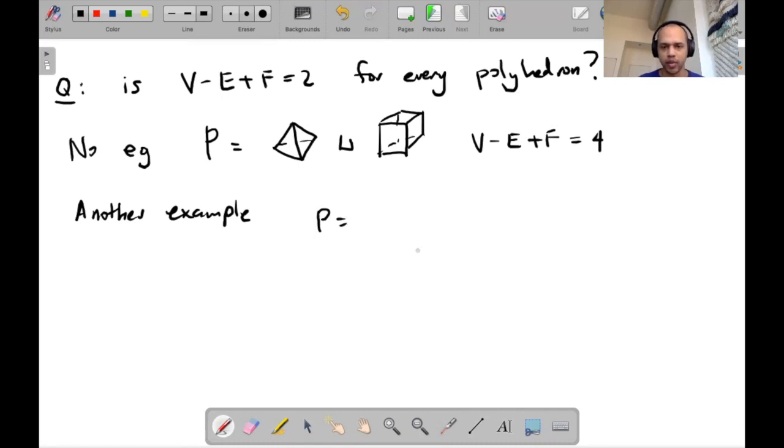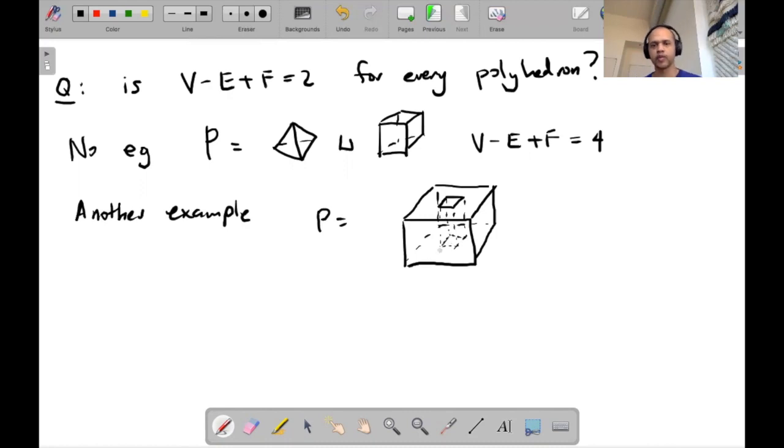So in this example, we start with a cube, and we're going to drill out a tube from this cube. So I'm going to drill out some sort of rectangular prism from inside of here all the way down to the bottom face. I hope this picture makes some sense.